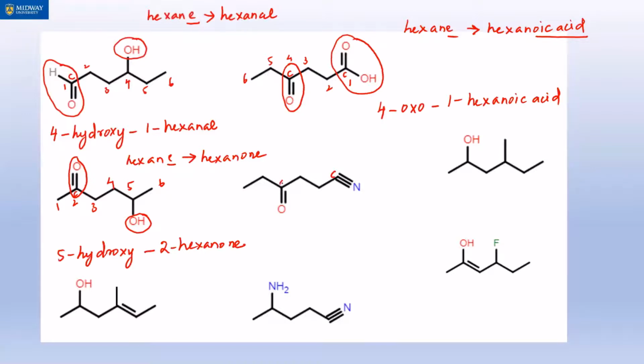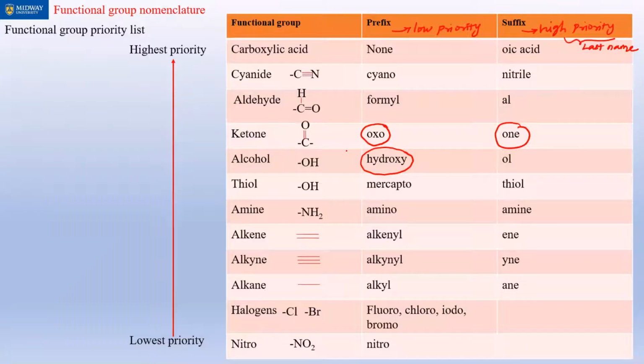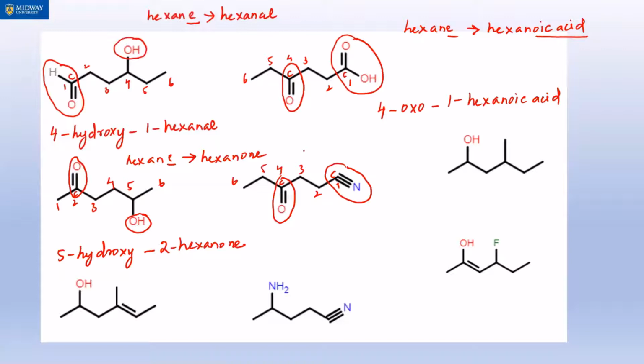CN is nitrile, and this is the ketone group. Clearly, nitrile is a higher priority group versus ketone. So we start numbering from this side: 1, 2, 3, 4, 5, 6. Again, nitrile is a higher priority group. We replace the E with nitrile, so it'll be hexanenitrile, and it's in the first position.